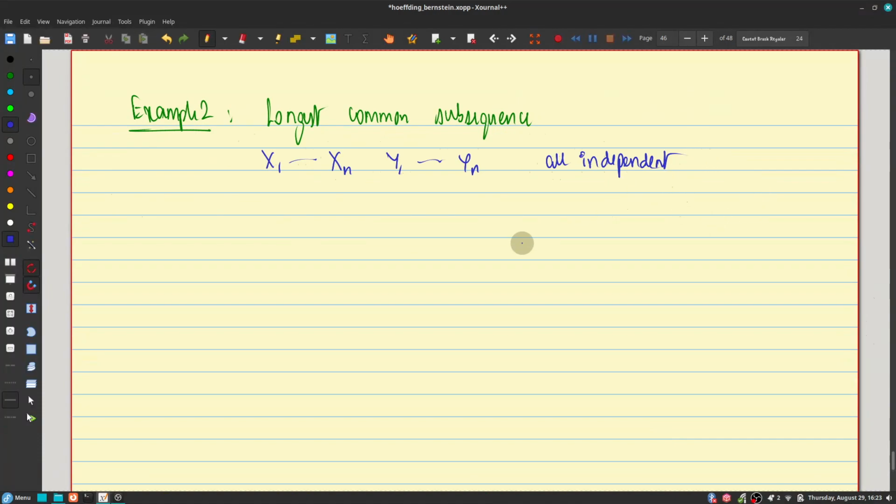So you have 2n random variables. All of the variables are independent, need not be identically distributed, but we'll assume that all of them are over the same alphabet. So you can think of this as two different sequences, x and y. And what we want to know is what is the longest common subsequence between x and y.